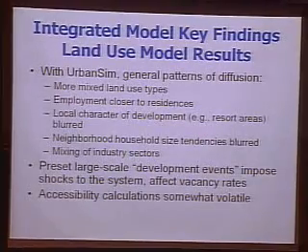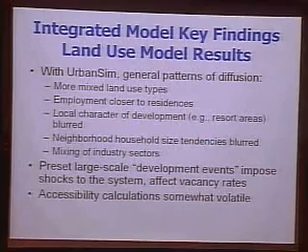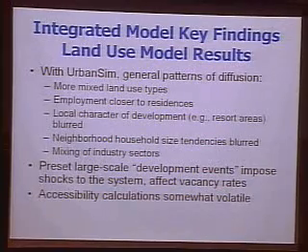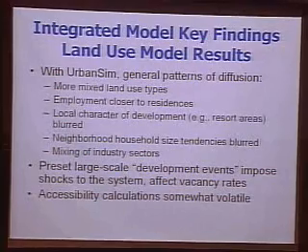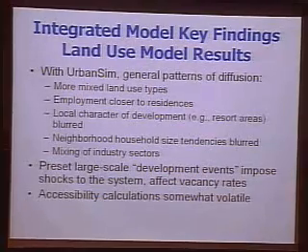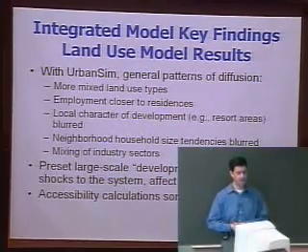Typically, and this shows up a lot in the truck model, certain industries will locate in a certain area. For example, near the waterfront, you have a lot of warehousing and so forth. And so some of that's moving out into other areas too. And as I mentioned before, now you have employment in the hotel sector going to places where it really wouldn't go, and other stuff coming in.